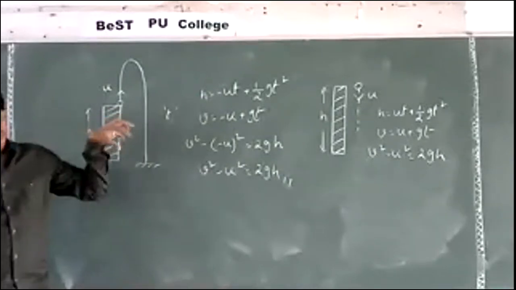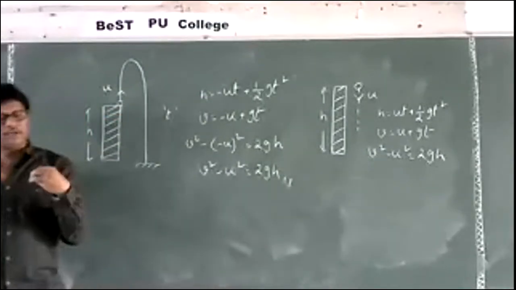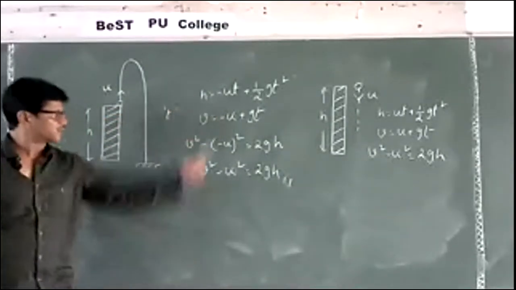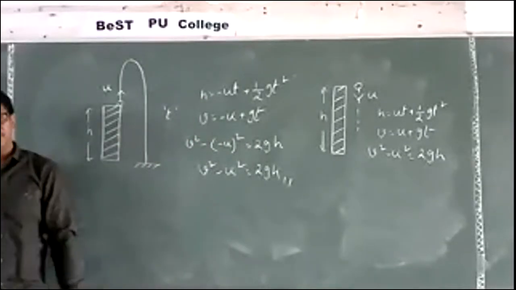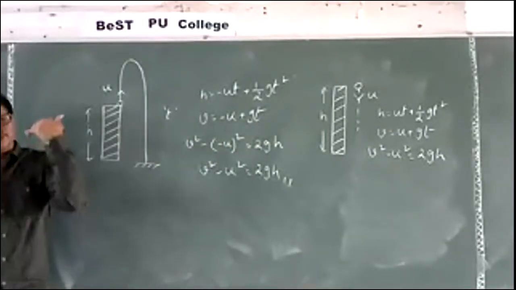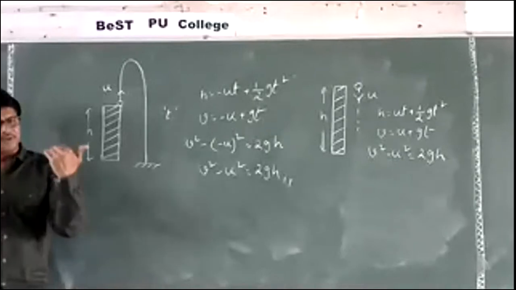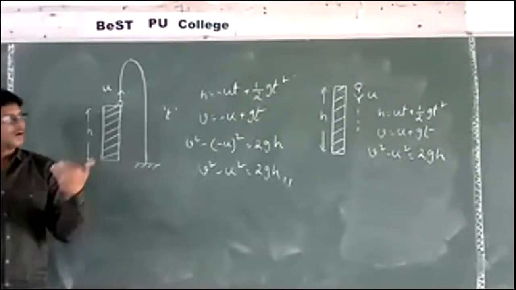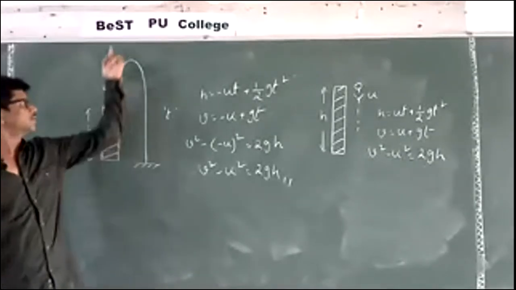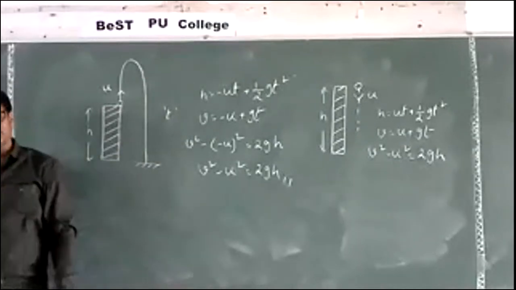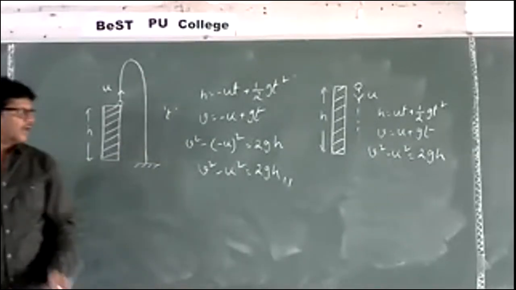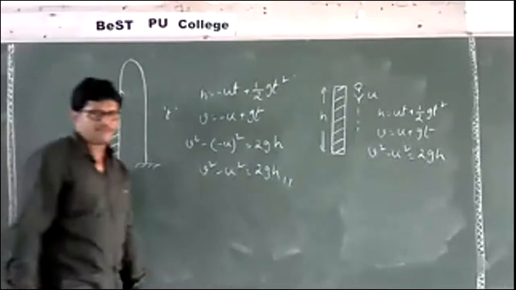Where are we going to apply these formulas? Especially this is the important formula. We are going to apply it when a body is projected vertically upwards from a certain height. Now, the same formulas we can use.